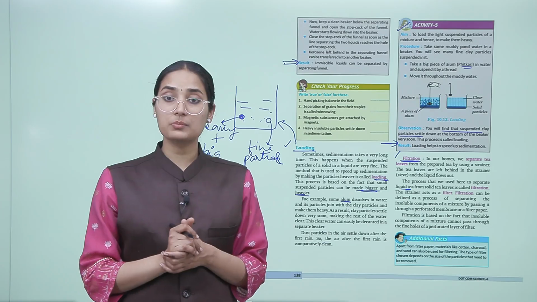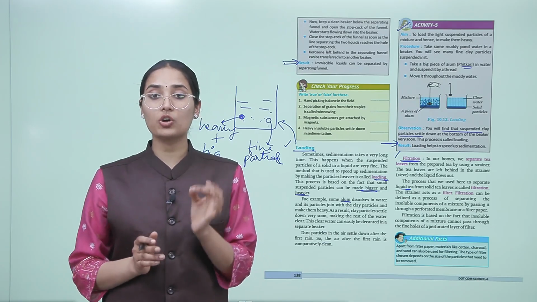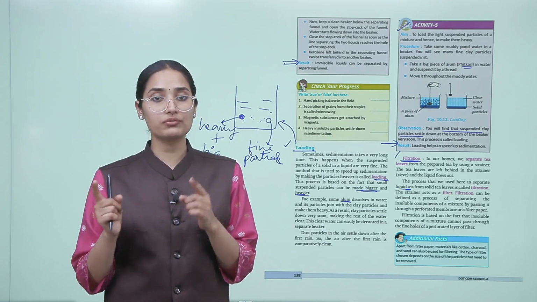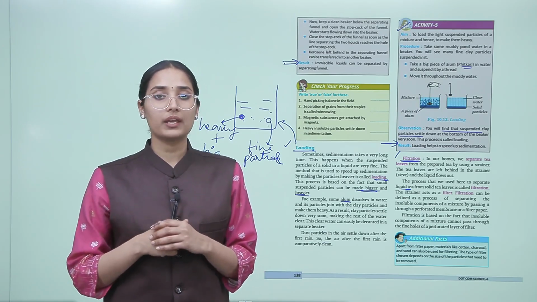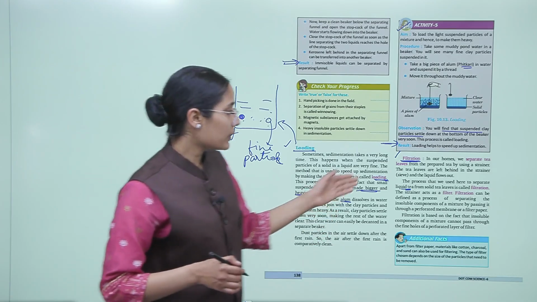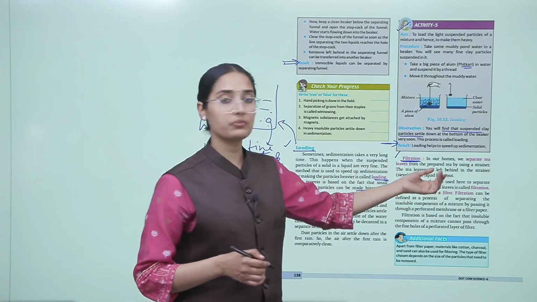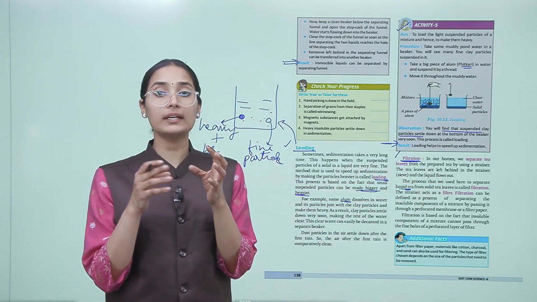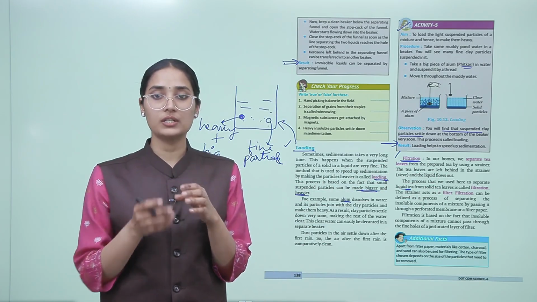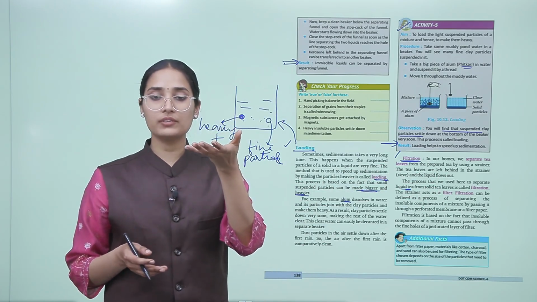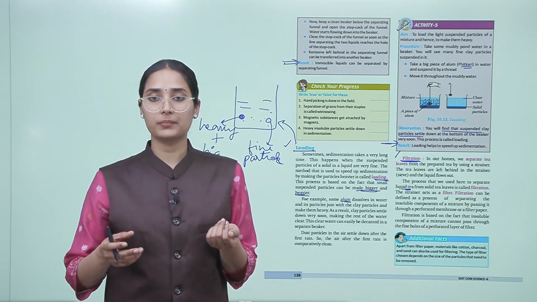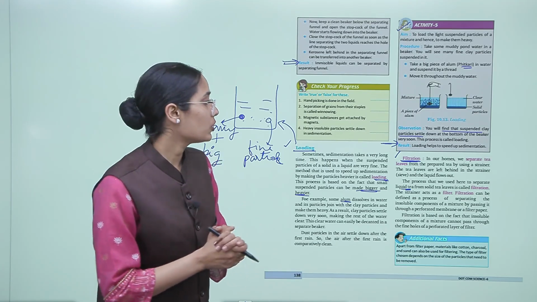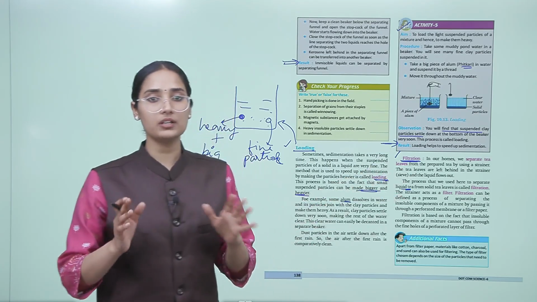Filtration is based on the fact that the insoluble component of a mixture cannot pass through the fine holes of a perforated layer of filter. So while we pass the mixture through the filter, only the insoluble component remains on the filter and the rest passes through. This is how the filtration method works.